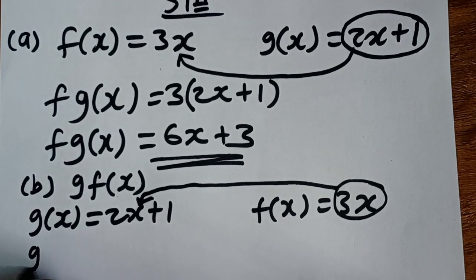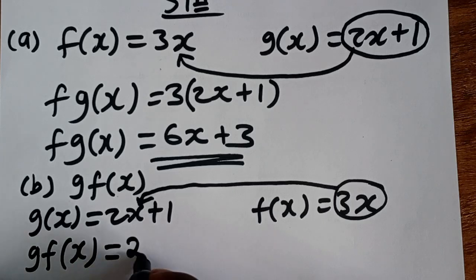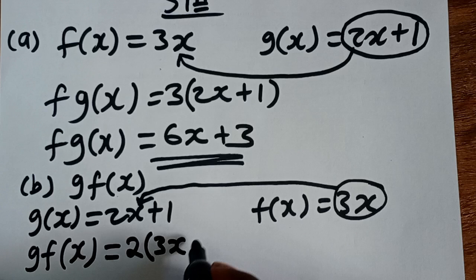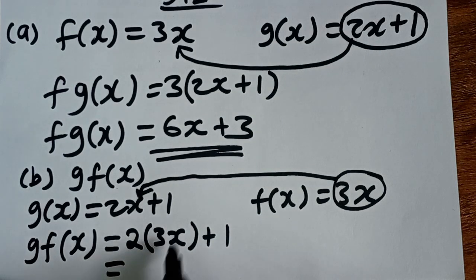So gf of x equals 2 times, where there is x, we substitute 3x, plus 1. So there we say 2 times 3x, we are going to have 6x plus 1. So this is the final answer.